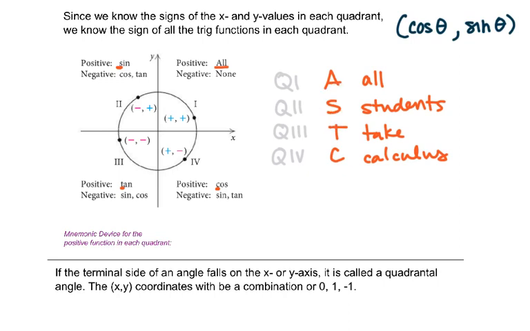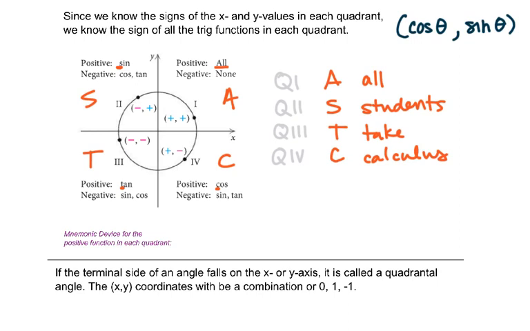All sine, tangent, cosine, or all students take calculus. So moving forward, as I am working problems, I'm going to think to myself, A, S, T, C. All right, so I hope that makes a little bit of sense to you.